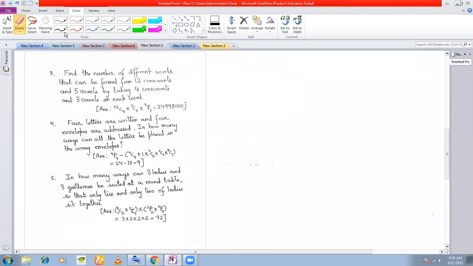Question here is, this is an easy problem. Find the number of different words that can be formed from 12 consonants and 5 vowels. So number of consonants given is equal to 12. Number of vowels given is equal to 5.